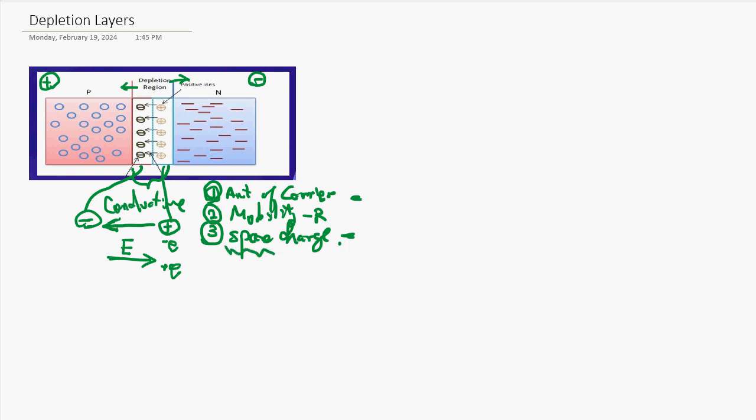So this is the effect of space charge, and there's no carrier here. So basically it becomes an insulator, right? And for insulators, you still apply the voltage, then can we make the current go through? You have to go against this electrical field created by space charge.